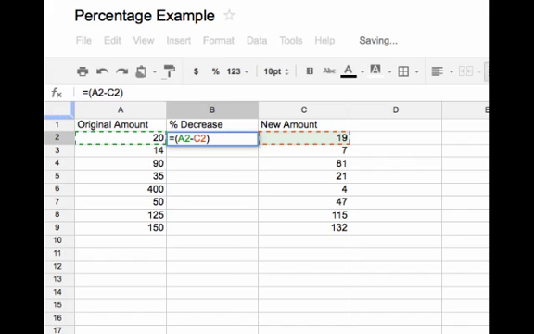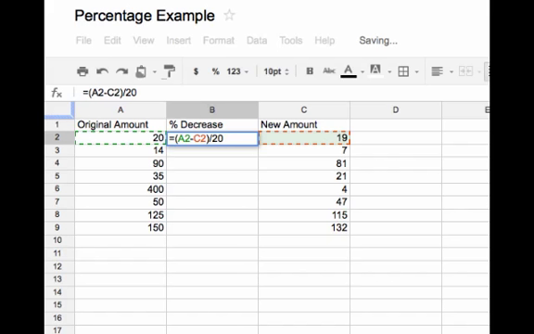So A2 minus C2 is going to equal 1. Samuel Kahn gave us the trick: if you go algebraically, we end up with the difference over the original amount. So A2 minus C2 is 1, and we divide that by 20, the original amount. That is going to give us our percentage of decrease.